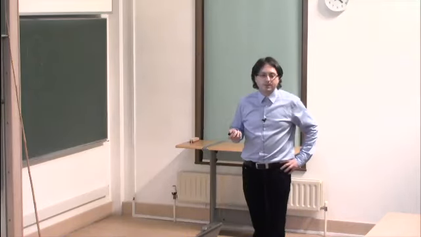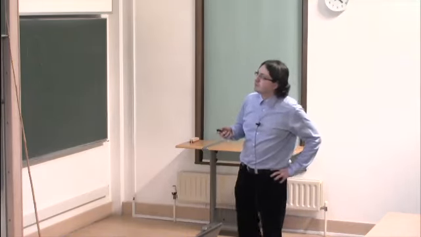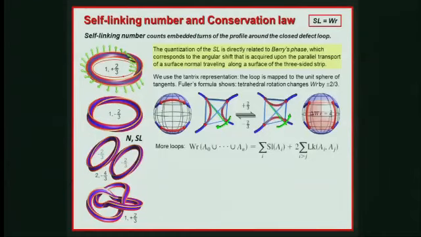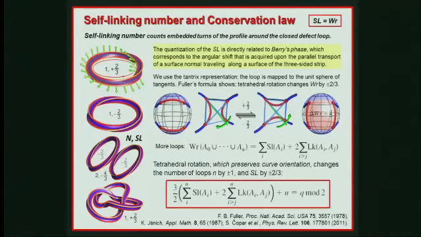And you can generalize this principle to more loops. For a system which has many loops, you can compute the writhe as a sum of the self-linking numbers of individual loops and the linking numbers of pairs of loops. And finally, you end up with a kind of conservation law which relates all these changes.